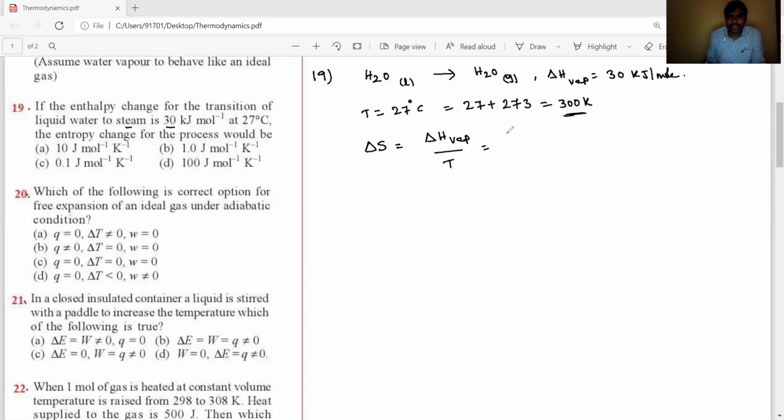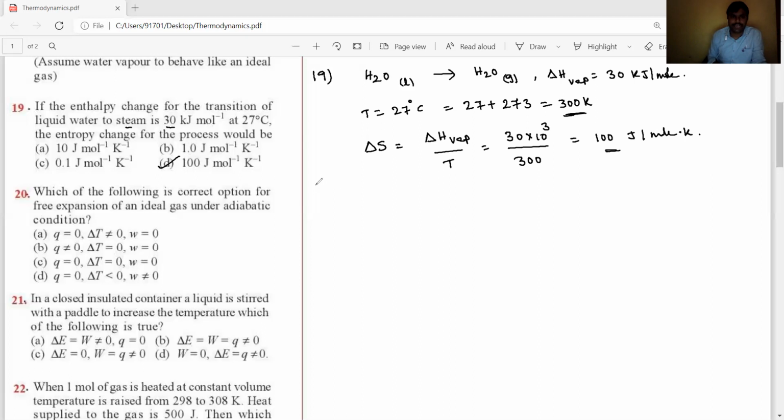That's why it is 30 into 10 to the power of 3 joule per mole, divided by 300. On simplification we get 100 joule per mole kelvin. Okay, students, so the answer is option D.